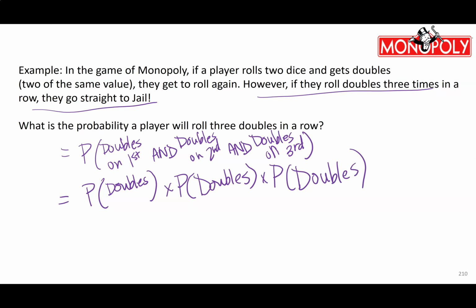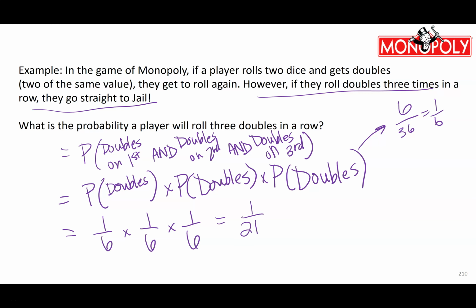So throwback, remember there are 6 ways to get doubles out of 36 different outcomes, so 6 out of 36, which is equal to 1/6. So I'll get 1/6 times 1/6 times 1/6, which is 1/216. It's small, let me double check. It's going to be something like 0.0046, and it goes on, but make sure you round appropriately.